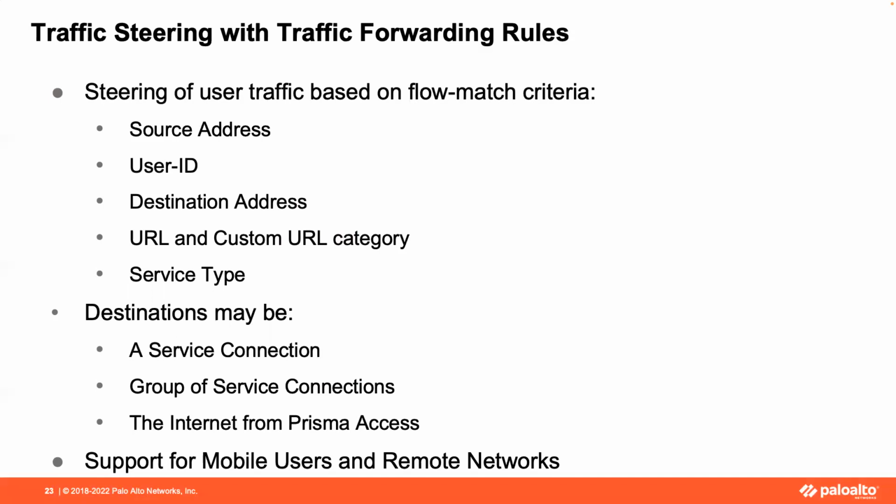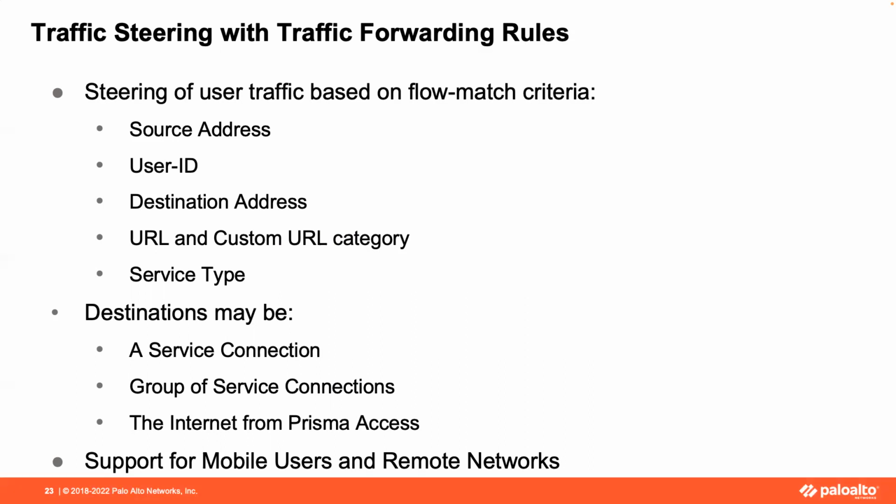If you're going to example.com, go a different way. I can do it by URL category. I can say, well, SaaS applications go this way. General internet goes the other way. I can do it by service type. So port 443 goes one way, port 80 goes the other way.